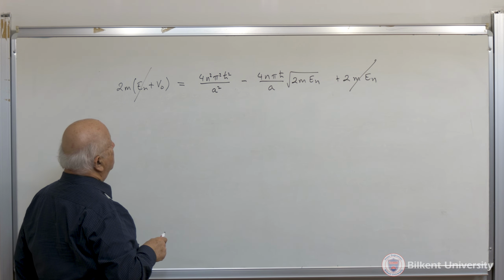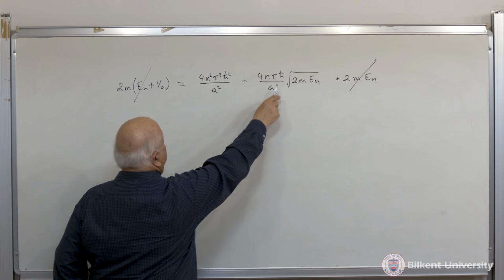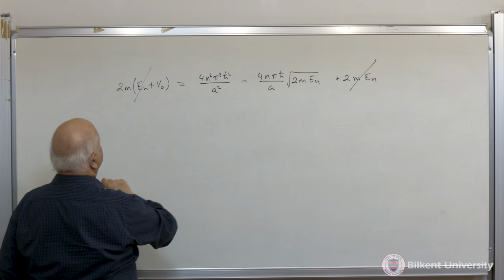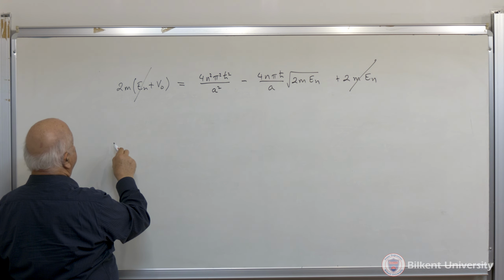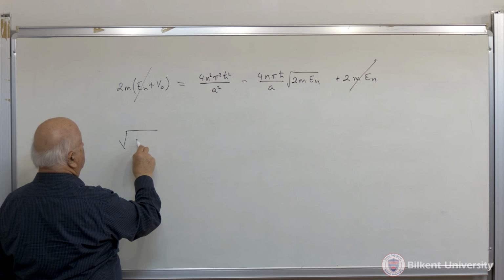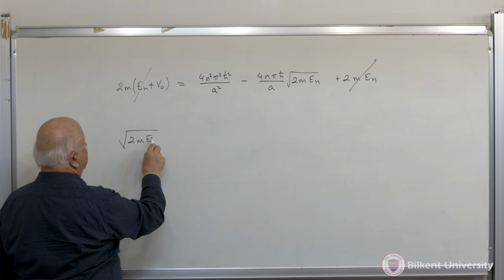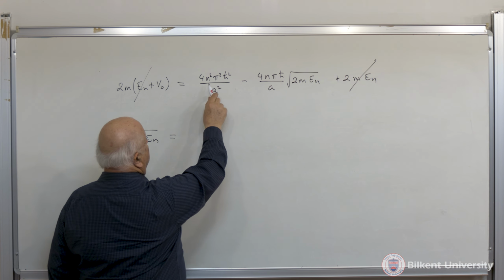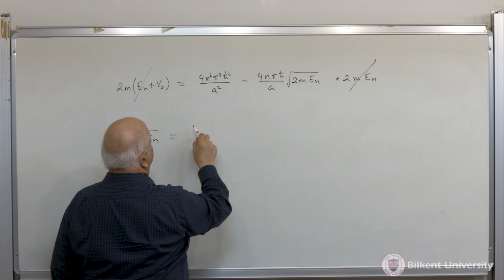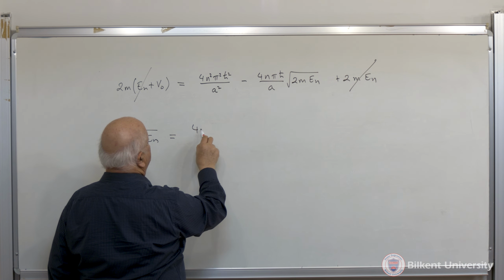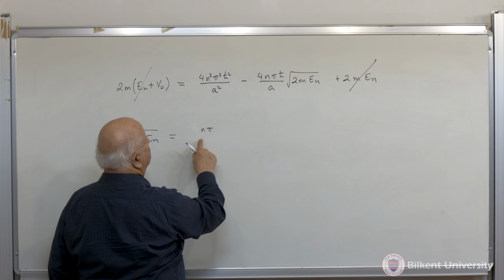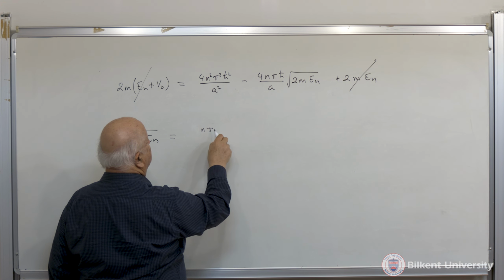Okay, let me multiply by the reciprocal of this and move that to this side. So I'm going to get square root of 2mE_n is equal to... one factor of these things go, 4 goes completely, n pi h bar, please check my algebra, over a.